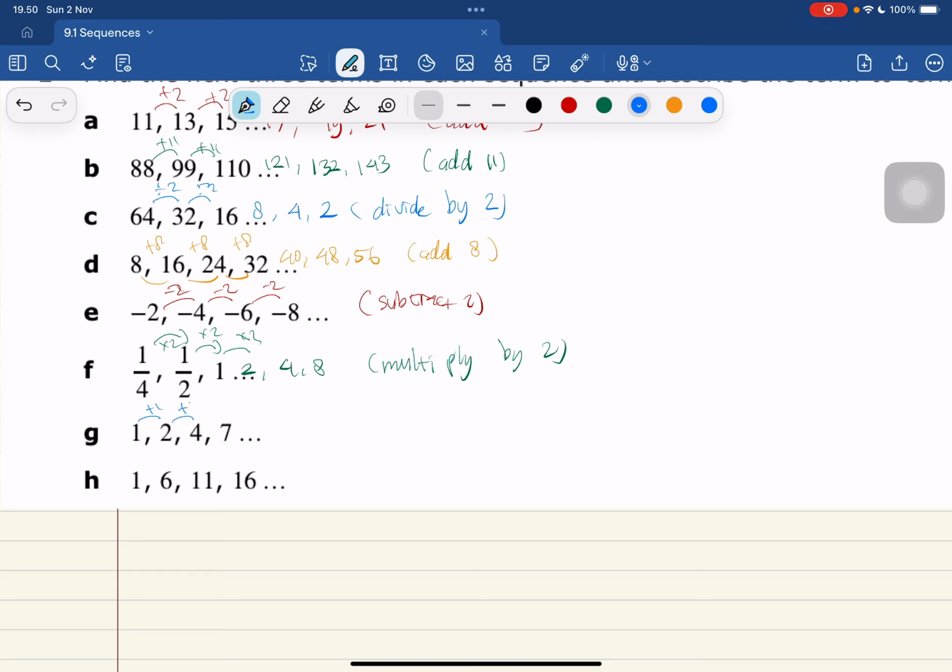Here is plus 1, plus 1. 1 plus 1 is 2. 2 plus 1 is 3. 3 plus 1 is 4. And 4 plus 1 is 5. Okay, we got the pattern. So after 7, 7 plus 1 is 8. Right?